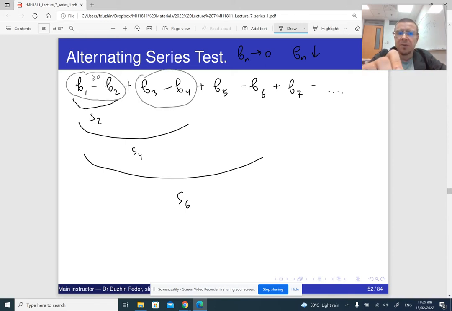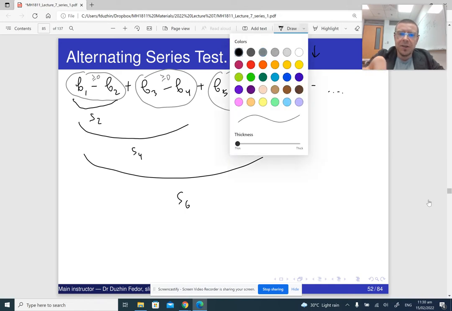Same thing here: b3 minus b4 is going to be non-negative. b5 minus b6 is going to be non-negative, and so on. So every next s with an even index is obtained from the previous s with an even index by adding more and more non-negative terms. But then it means that they increase, right? So the sequence S2, S4, S6, and so on is increasing.